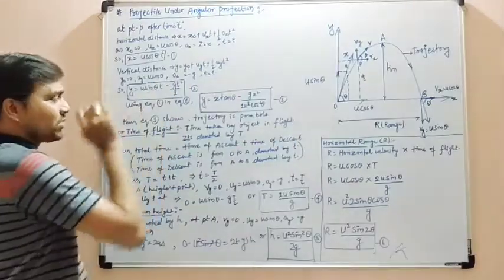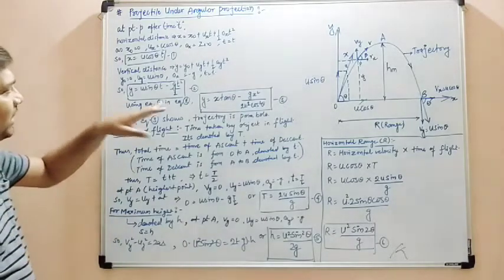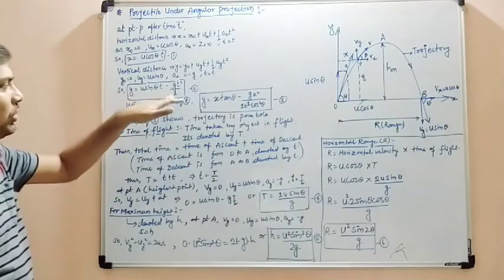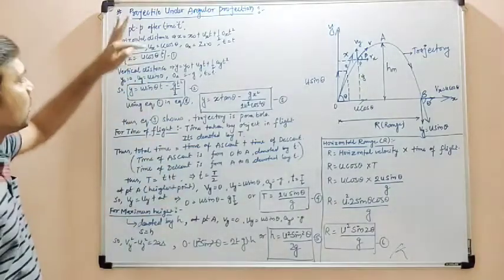Now, this is also a foolproof equation, but we have another option to put the value of t. From where will we put the value of t? We will put the value of t from equation number 1.